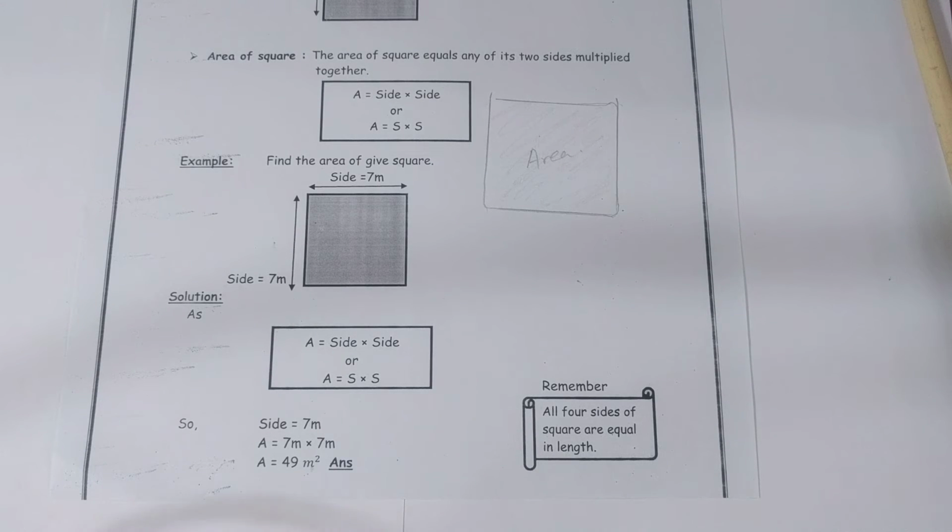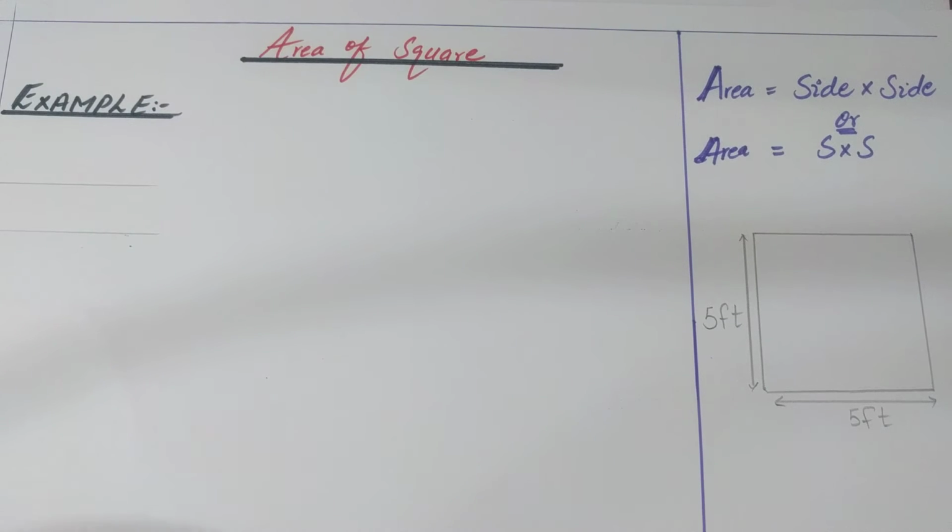Now I will solve one more example for you to clear the concept in your mind, how to calculate the area. Let's start the example. Look at this square. This square is given. The length of one side of the square is 5 feet.